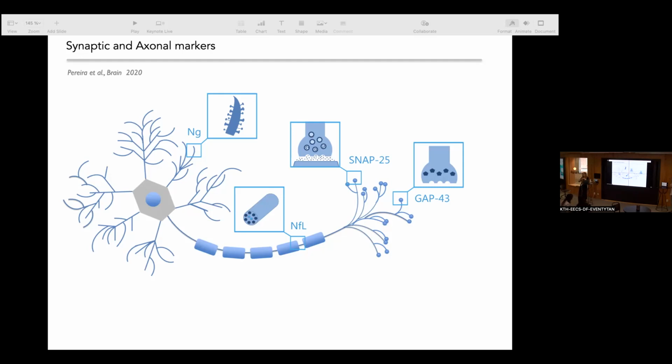But there is not much evidence in human individuals that explains why there is a temporal delay between these two events. And how are they linked? What is happening in the middle that drives one thing to the other, right? So in this study, we tried to address this using many different measures.